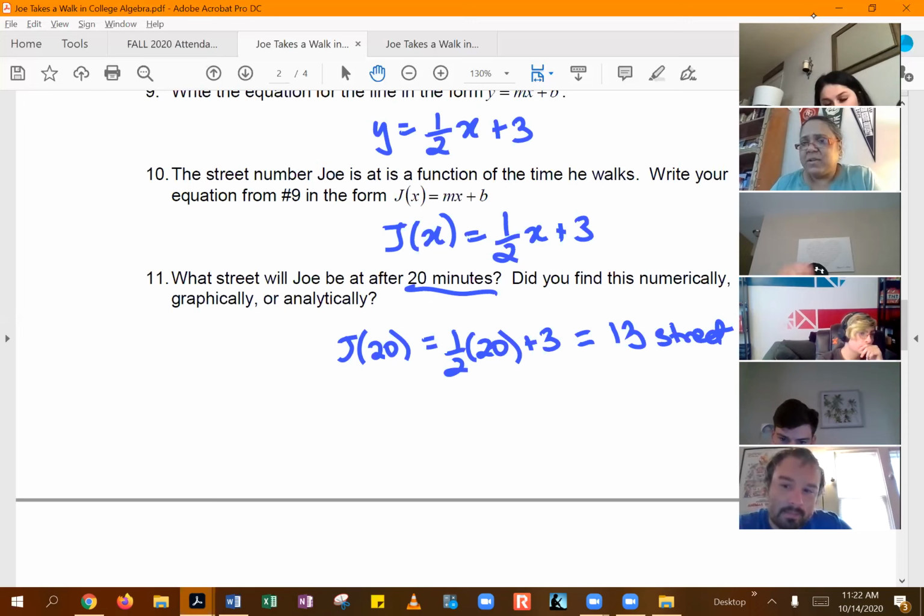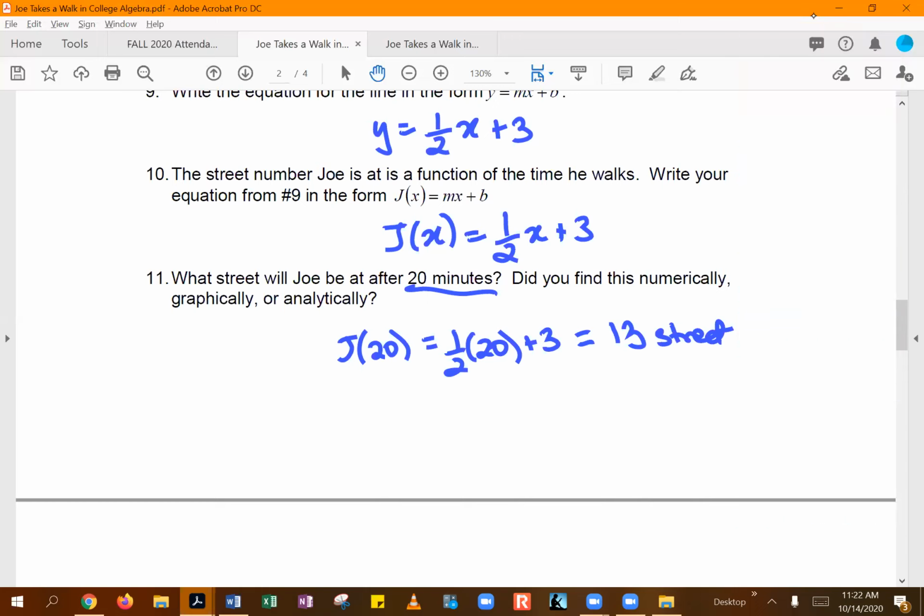Half that time, right? So it would be 20, and half of that would be 10. So we know in 20 minutes, he's only walking 10 blocks. And if he started at the 3rd street, then obviously he's ending up at the 13th street. So that's basically how I look at it, in terms of analytically.